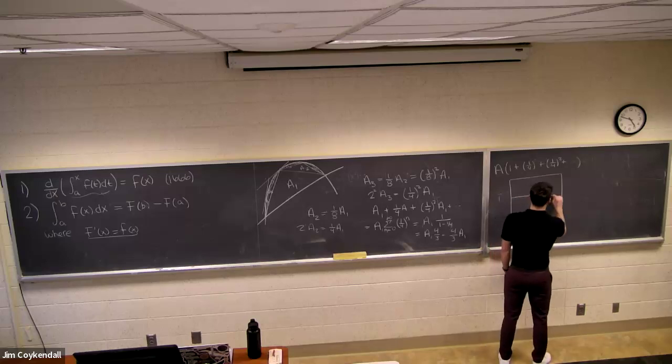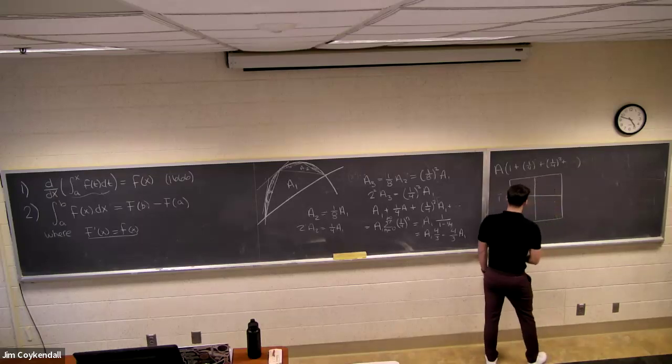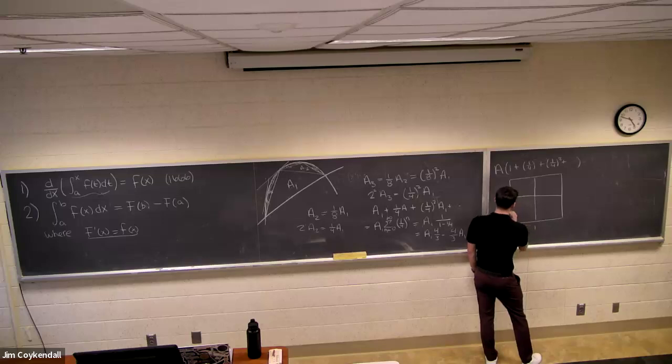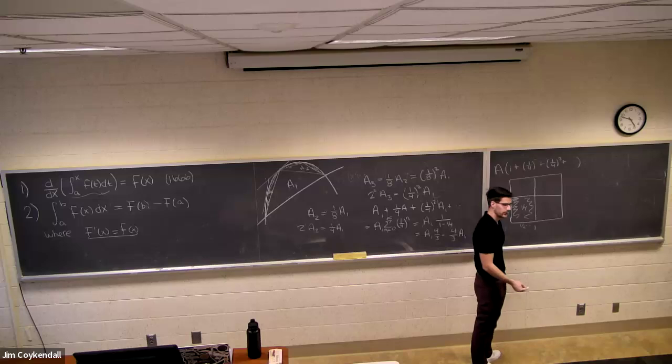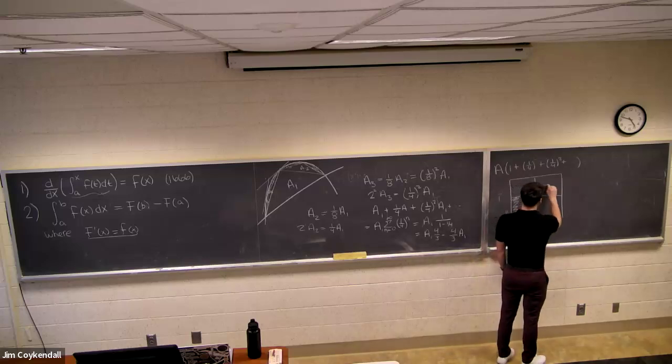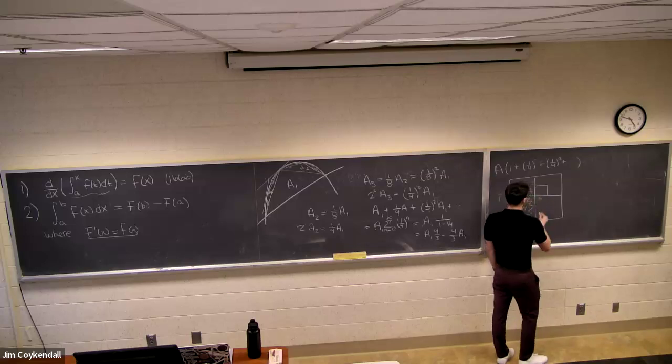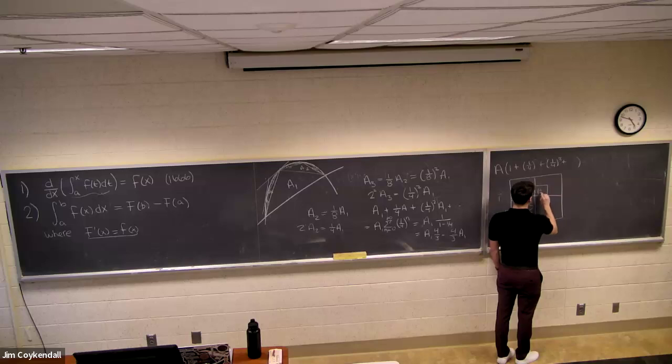Break this into 4 boxes of equal size. So that's length 1/2, that's length 1/2, 1/4. We do it again. And now this is 1/4, 1/4, 1/4 squared.